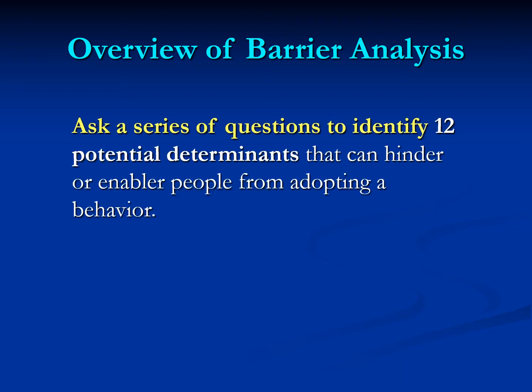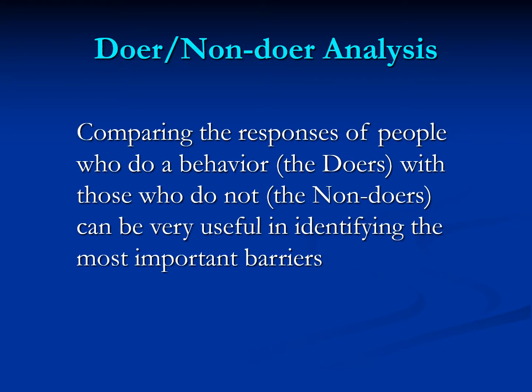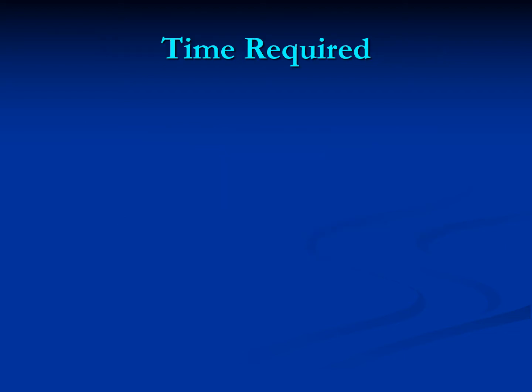You ask a series of questions to identify 12 potential determinants that can hinder or enable people from adopting a behavior. You then compare the responses of people who do the behavior, the doers, with those who do not, the non-doers. And that can be very useful in identifying the most important barriers and enablers.